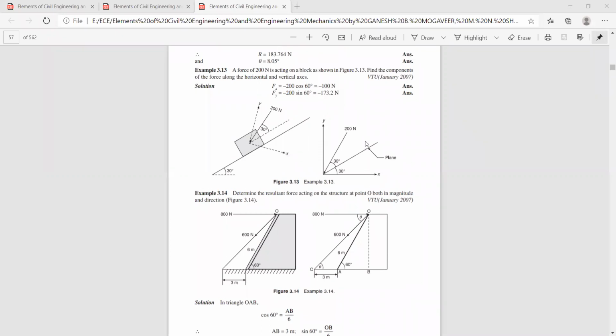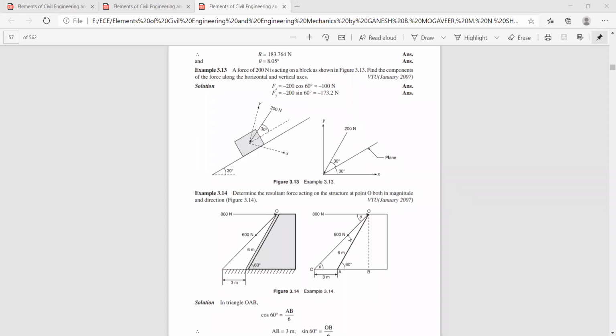So let me select the vertical axis like this and the horizontal axis like this. So select the reference axis first. Now we need to find sigma Fx and sigma Fy, because we need the magnitude and direction of the resultant. So sigma Fx is equal to, this is 800 Newton acting along the x direction.